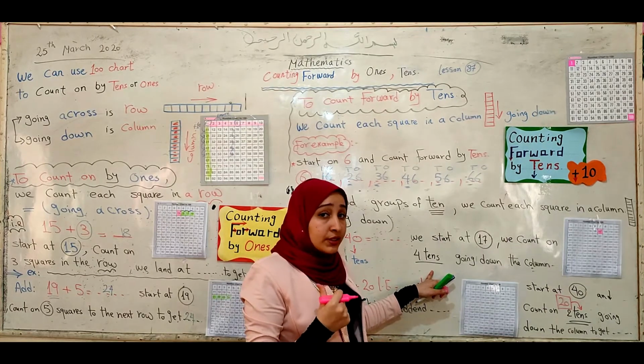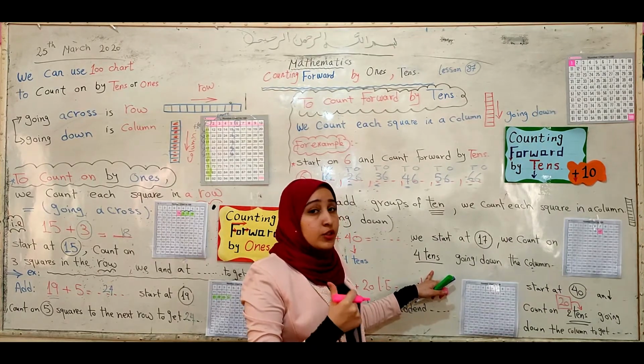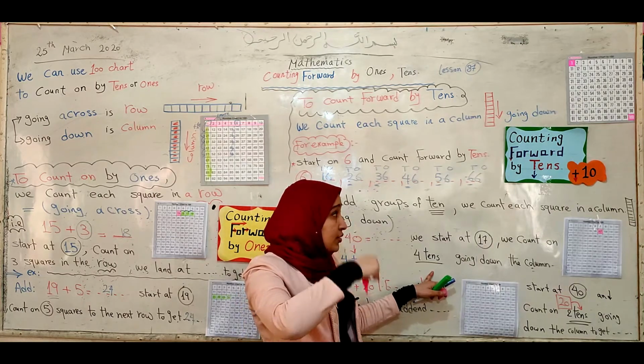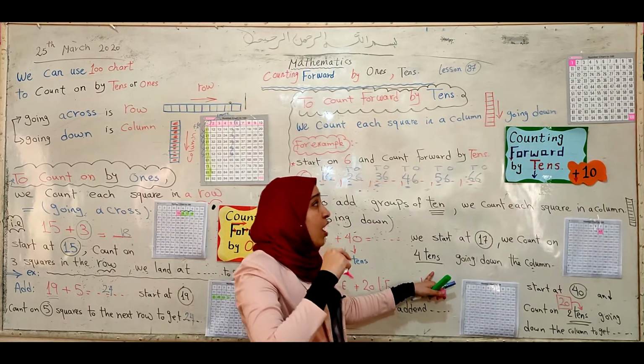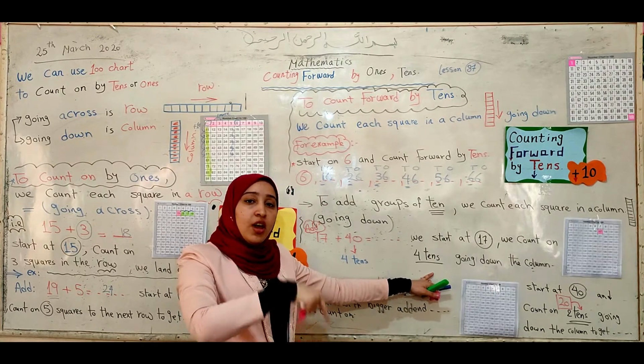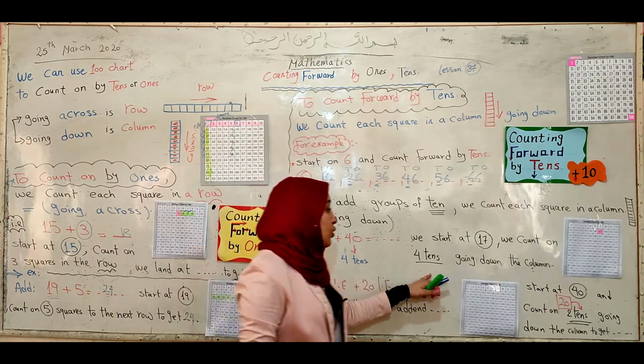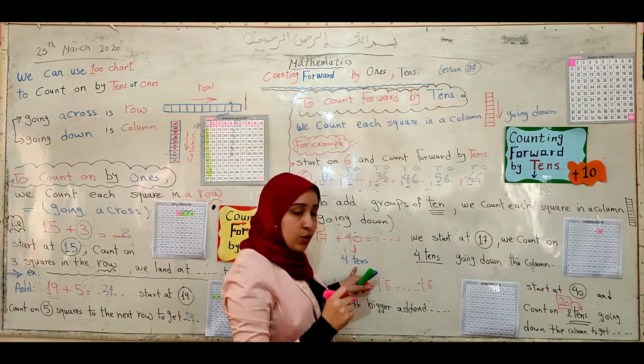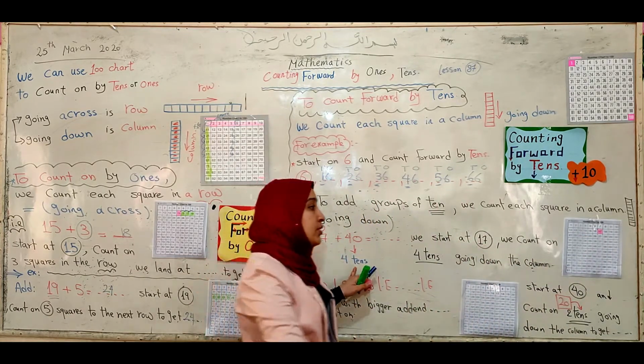To count on 4 tens, I count forward by tens, so I go down. Each time I go down. So I have to add 4 tens, so I go down 4 squares.